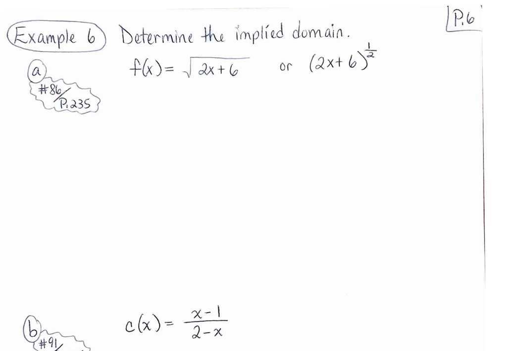We just did it in part B. The square root of x, that x underneath, which is called our radicand, has to be greater than or equal to what? 0. Very good.